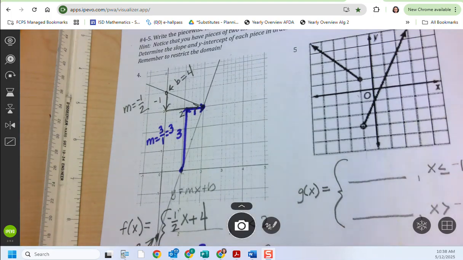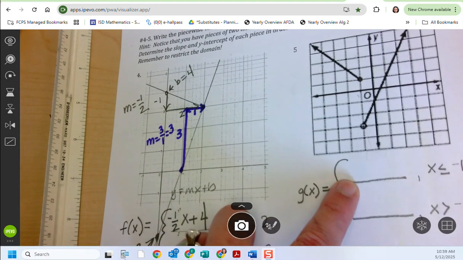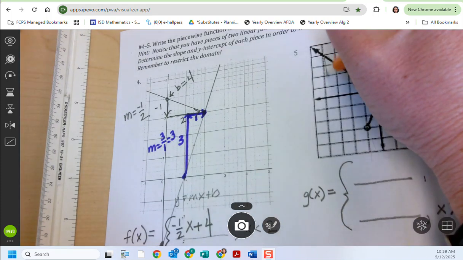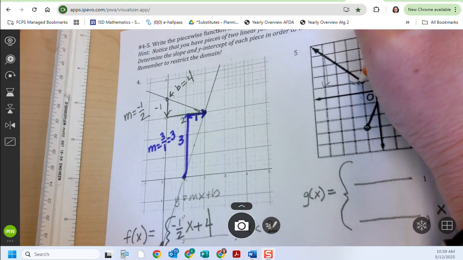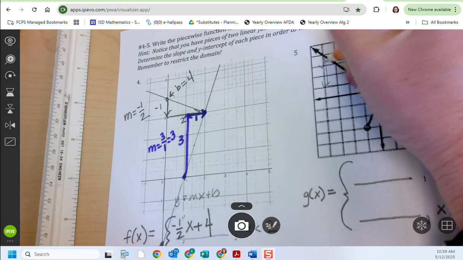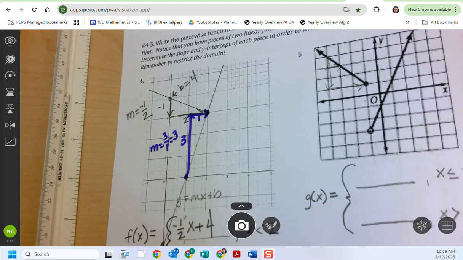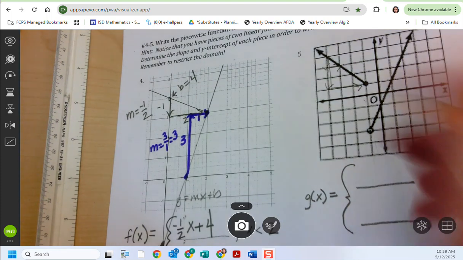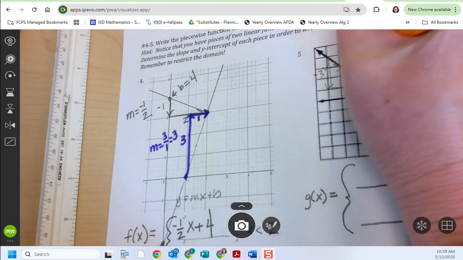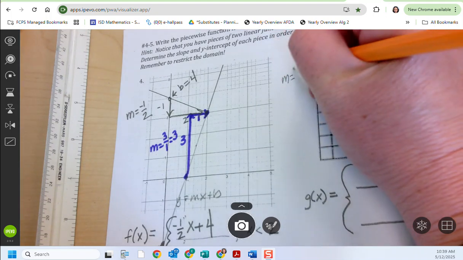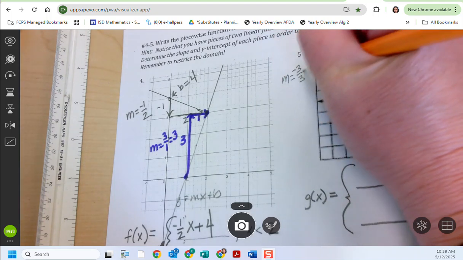Okay, so then we had to figure out the slope and the y-intercept for this one. Your slope, some people went down 3 and right 3. Some people went down 1 and right 1. No matter what you do, though, it's going to equal what number for your slope? 1, -1, good. So this was -3 over +3 or -1 over +1, but your m is going to be -1.